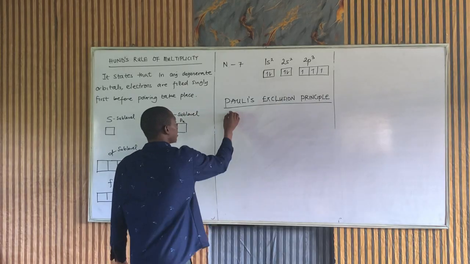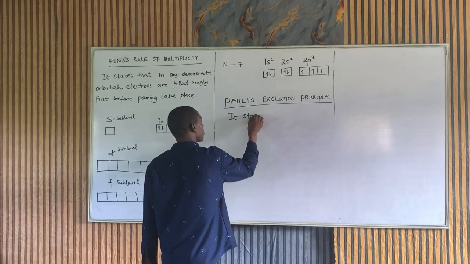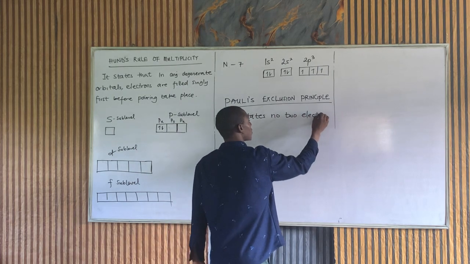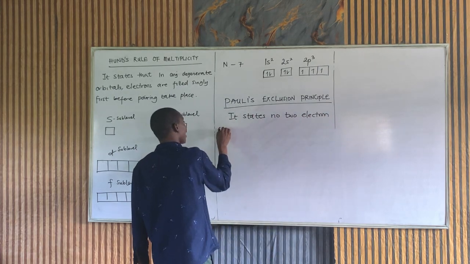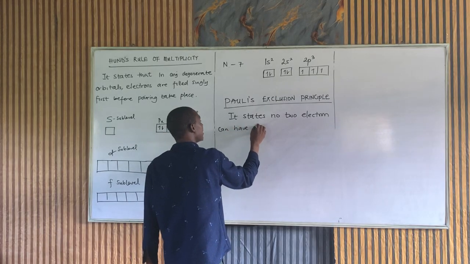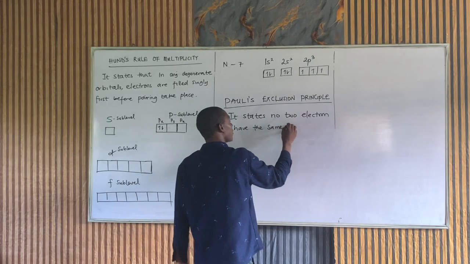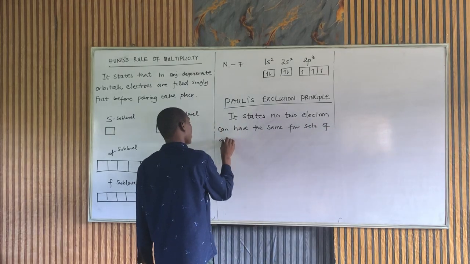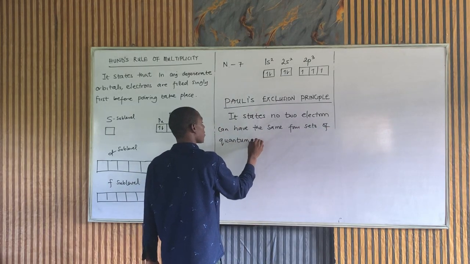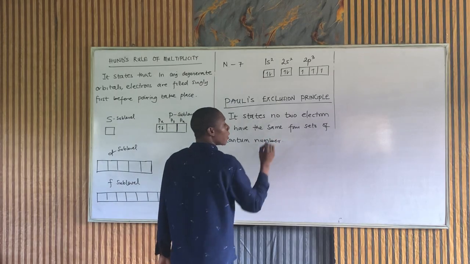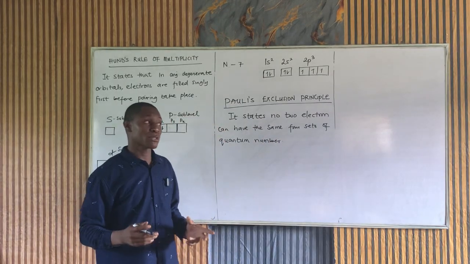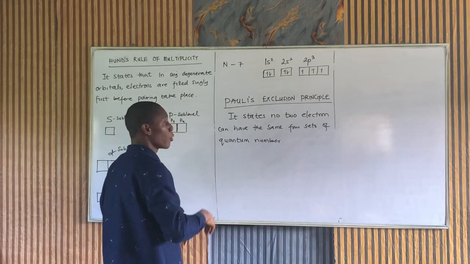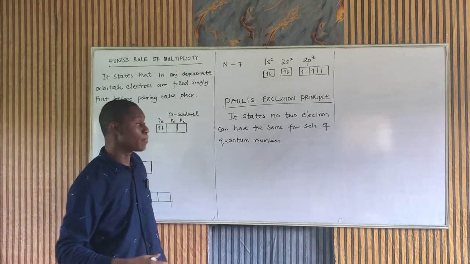It says that no 2 electrons can have the same 4 sets of quantum numbers. Well, because you've not done quantum numbers, or you don't have an idea of quantum numbers, you may not understand this. But if you understand quantum numbers, you understand this. In our later class, we will look at the quantum numbers.